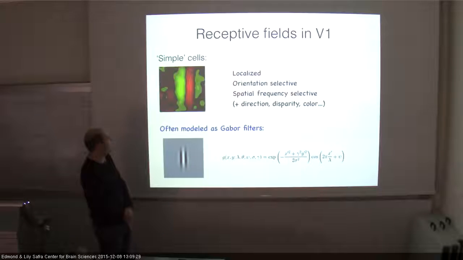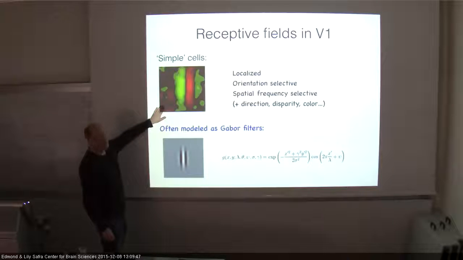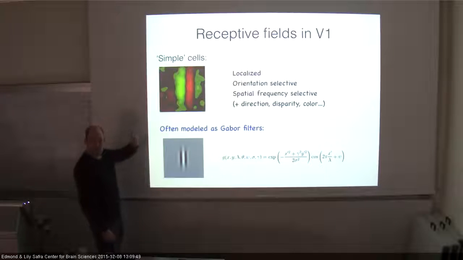So the most classically characterized types of receptive field in V1, characterized first by Hubel and Wiesel, who got the Nobel Prize for their work, are the so-called simple cells. This is a receptive field of a simple cell, probably obtained using reverse correlation, which I discussed with you recently.